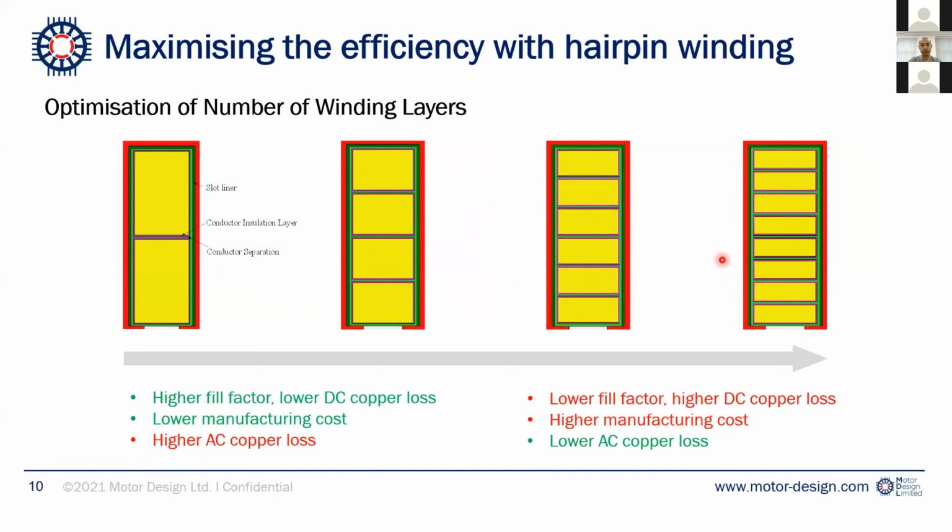And the resistance of the electric motor will increase. That means the DC loss will increase as well. So this becomes a trade-off between AC and DC loss when we change the number of layers we're using for the hairpin windings.